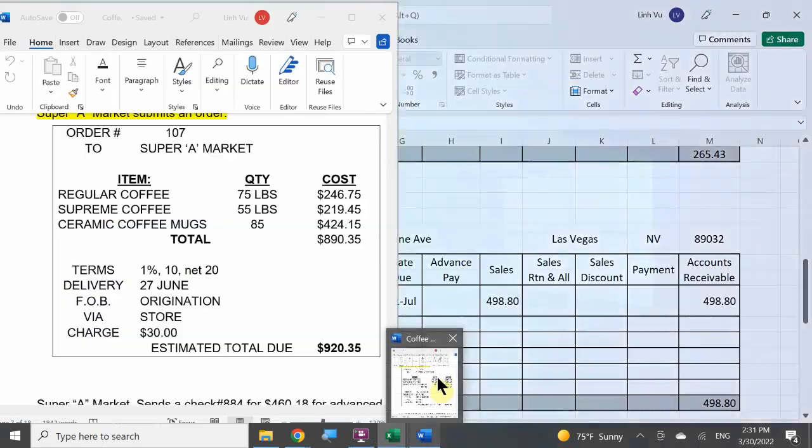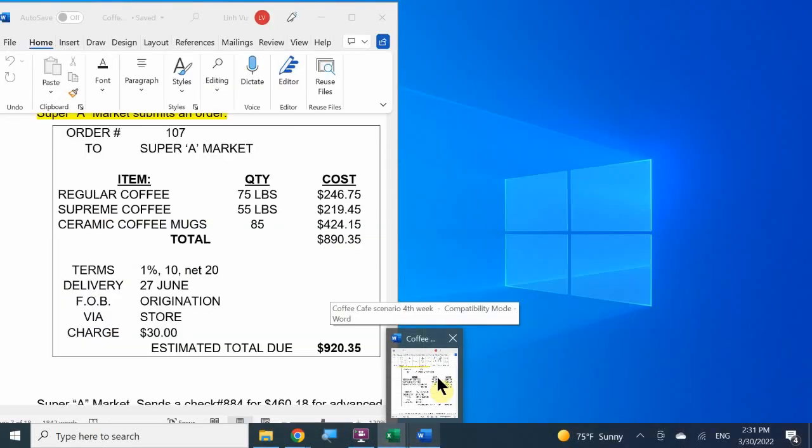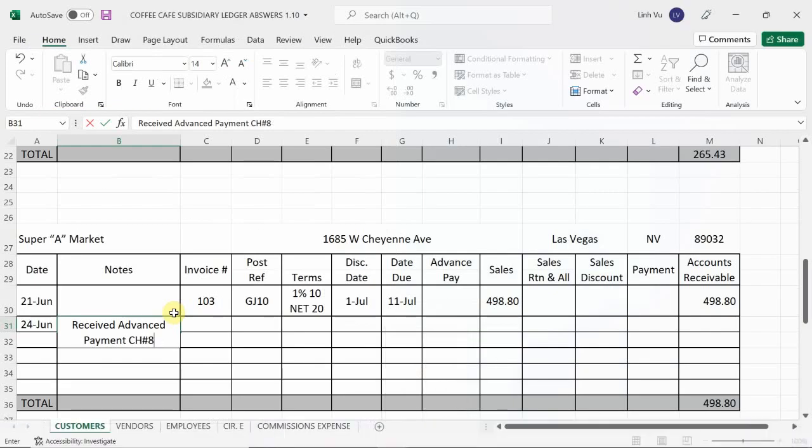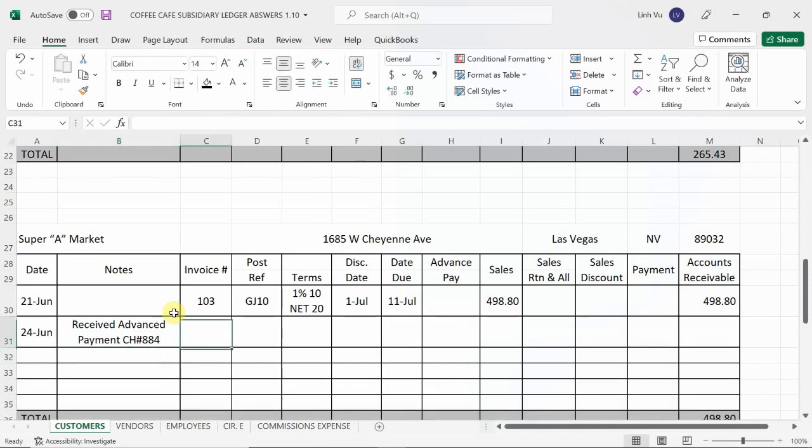Let's double check. 884. Okay. We don't have an invoice number yet, but we do know this is for the sales order number 107. Okay, and when did it happen? On the 14th. No terms yet, just because they decided to give us the down payment.